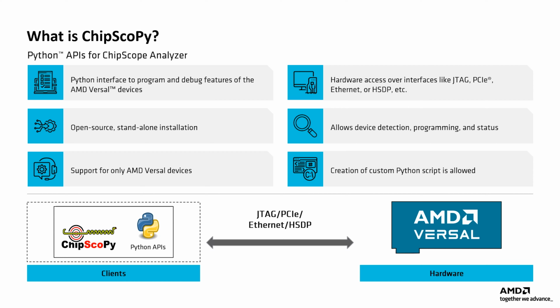ChipScoPy allows you to access the hardware over many interfaces such as JTAG, PCIe, Ethernet, or Aurora, HSDP, for device detection, programming, and status. It also allows you to create your own Python script using any Python IDE, like Jupyter Notebook, which communicates through the APIs.